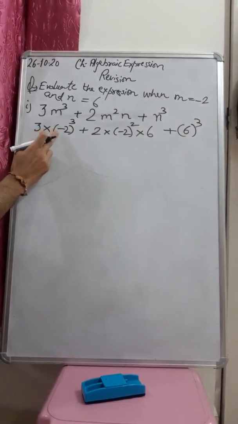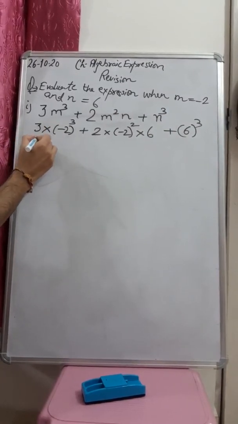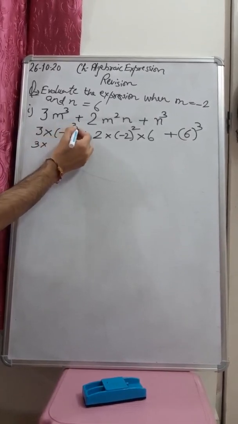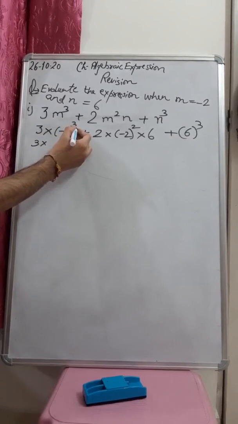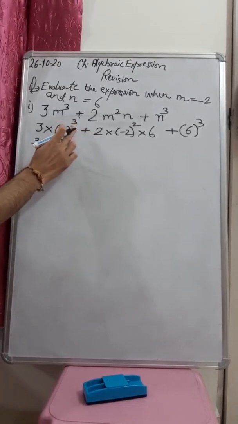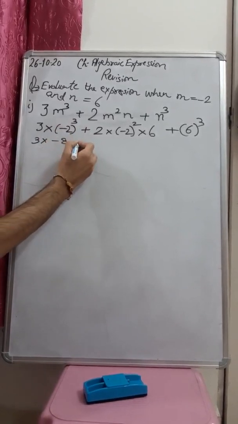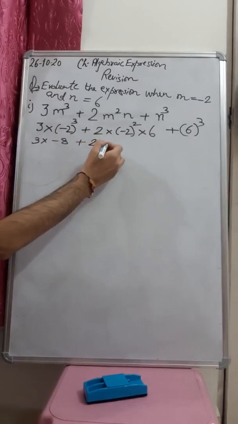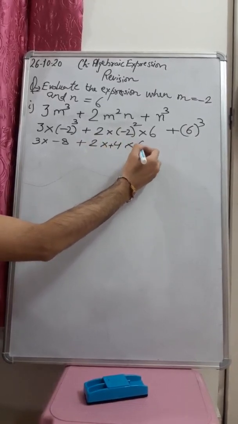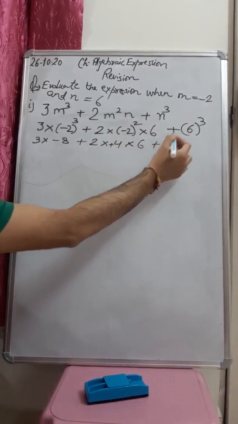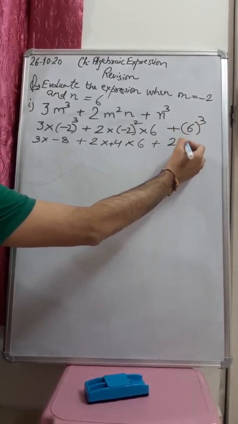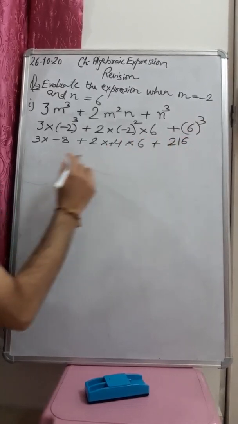So 3 into minus 2 raised to power 3, here the power is odd, that means it will come as minus 8, because the power is odd, that's why it is coming minus. Plus 2 into 4 into 6, plus 6 raised to power 3 means 6 will get multiplied 3 times, that is 216.